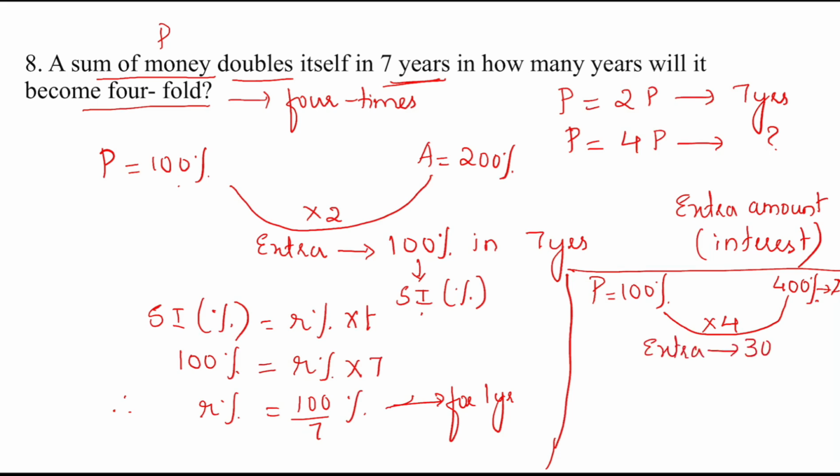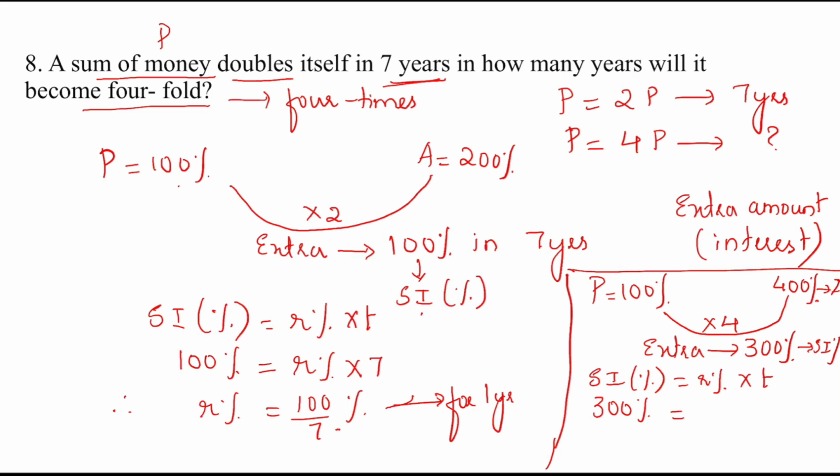We require this 300% in how many years? This is our SI percent, and SI percent is R% into T. So SI in terms of percentage is 300%.